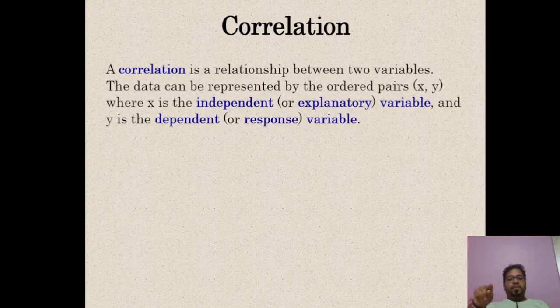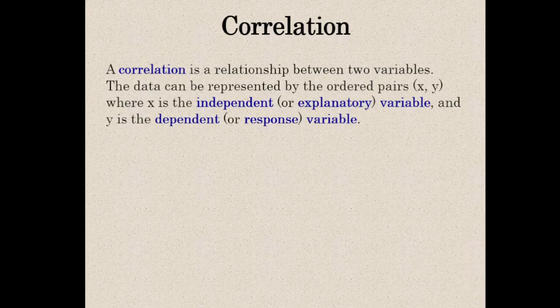Based on that variable, y is dependent. जब मैं x की वैल्यूज पुट करूंगा तो y की वैल्यूज आएंगी, that is dependent and independent. So what is this correlation?